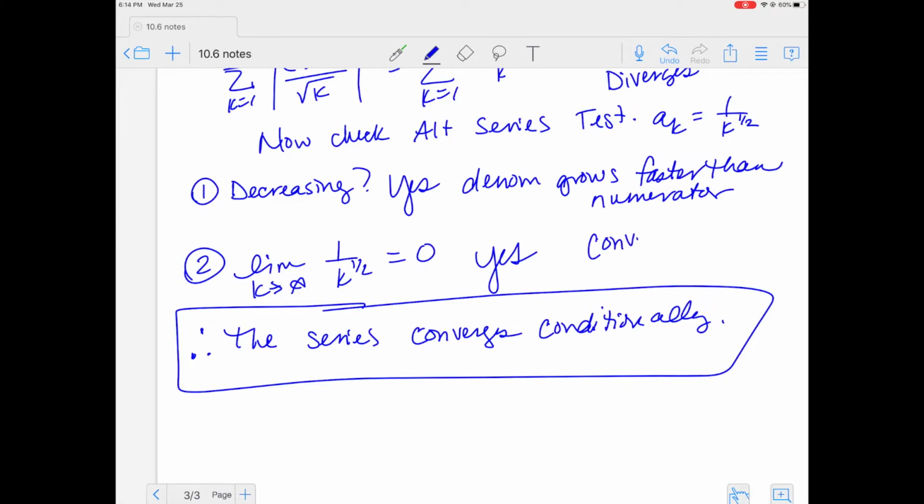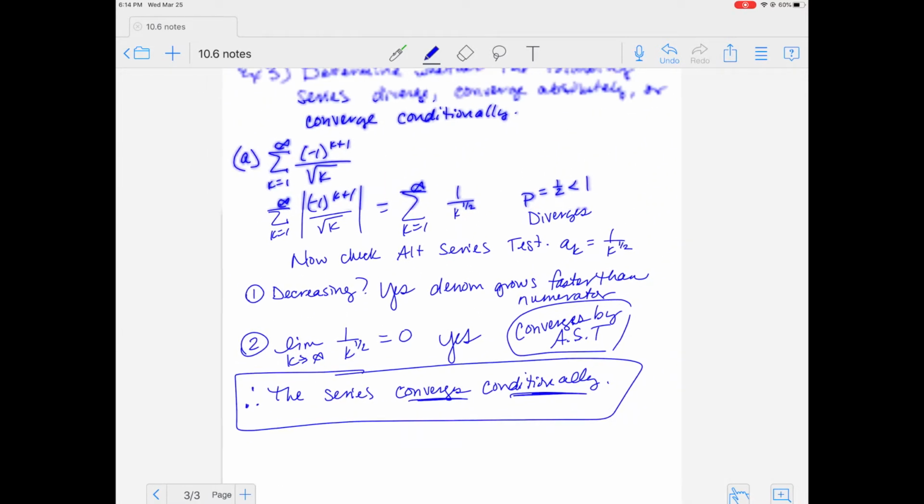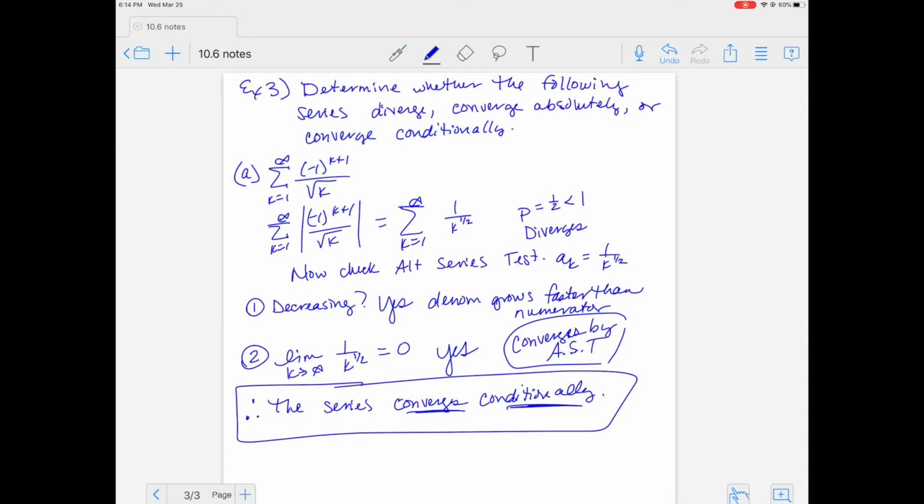So I should write here, converges by the alternating series test, and that's what tells me I have conditional convergence. We actually did two tests on this one. We did the p series test for the absolute value, that diverged, which means we went into the alternating series test, and that's why we have conditional convergence.